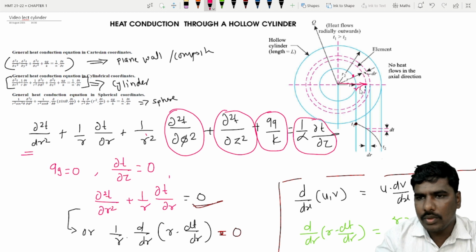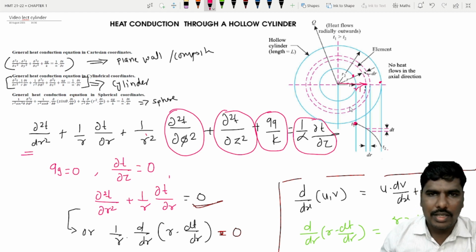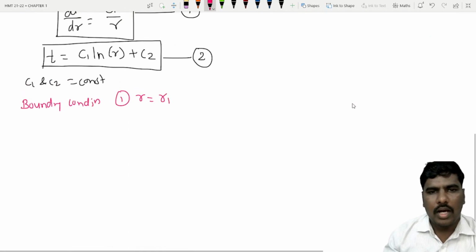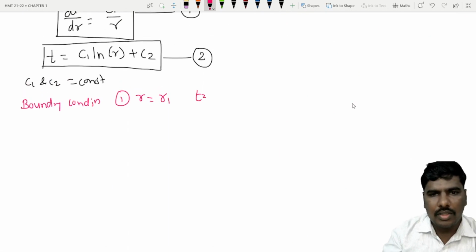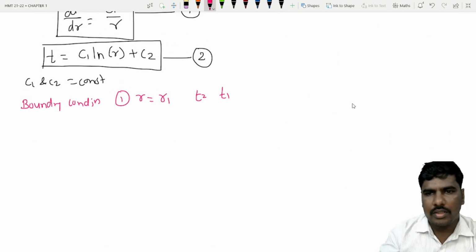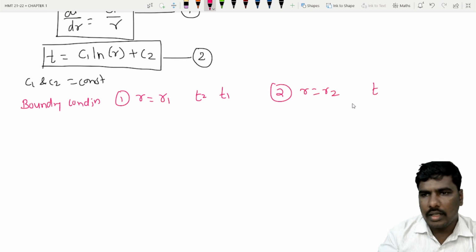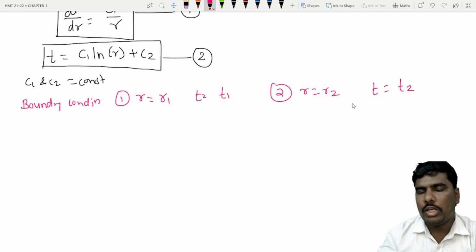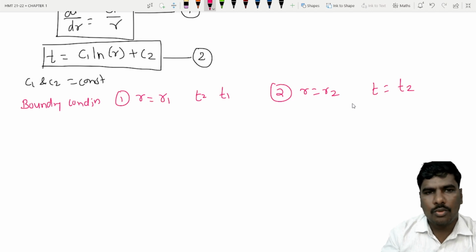So when r is equal to r1, T is equal to T1, and the second boundary condition, when r is equal to r2, T is equal to T2. So these are the two boundary conditions.